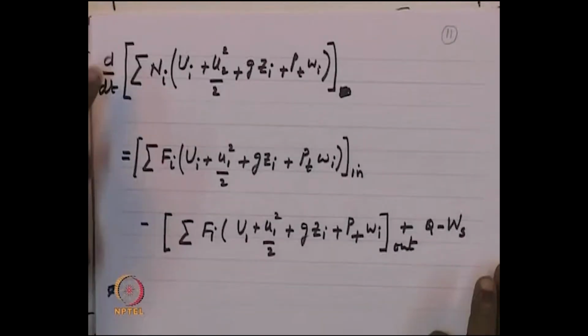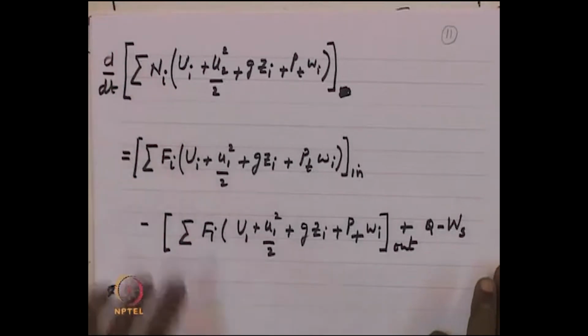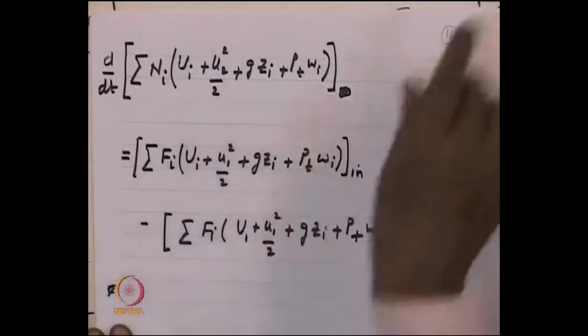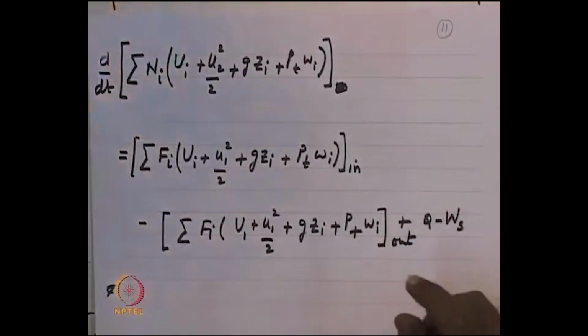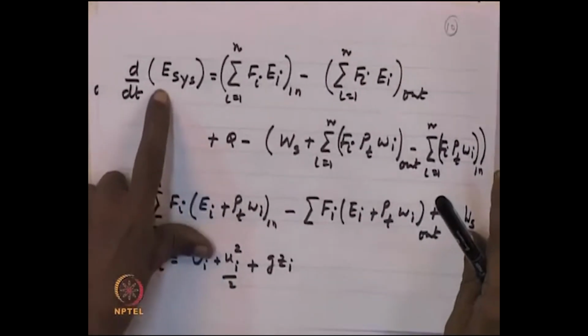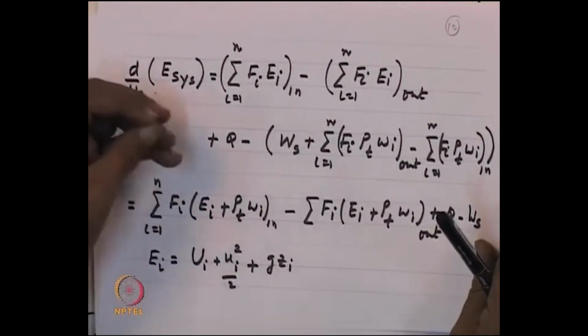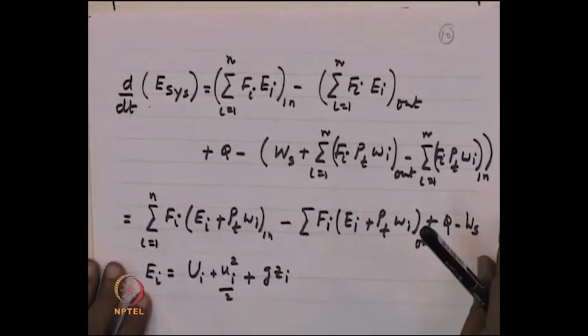So, our statement of energy balance, as we have said, is d by dt. Now, you can see here on your left hand side the system. On the left hand side also I have replaced the E system by the energy for each component multiplied by the number of moles of component i inside the system.